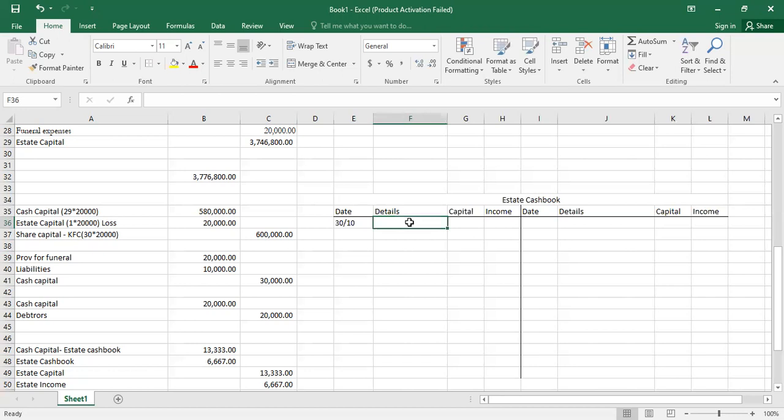What did we have? So I'm going to debit the cash book and credit the estate capital. So the book to be credited is the estate capital. The cash that we had at the point of death, we need to capitalize it. We had 500,000.